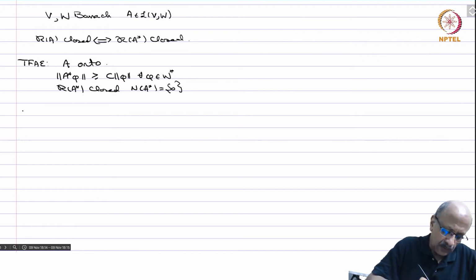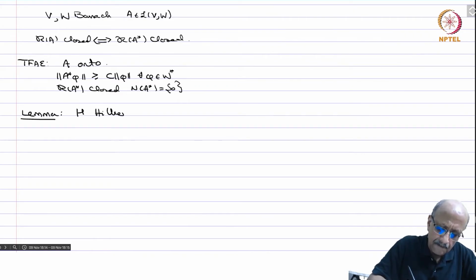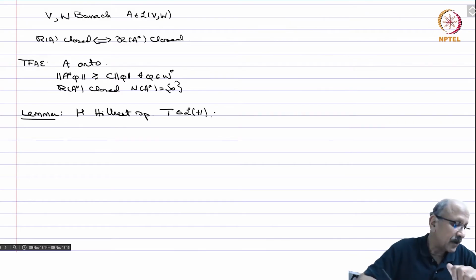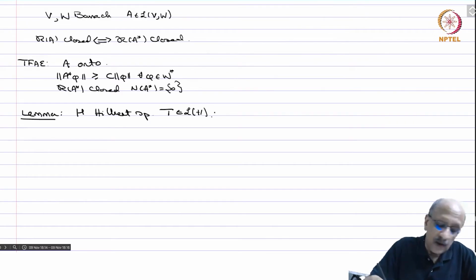So now we prove a lemma, a very useful lemma which we will use again and again. H a Hilbert space and T belongs to L(H). So it's a bounded linear operator from H into itself.